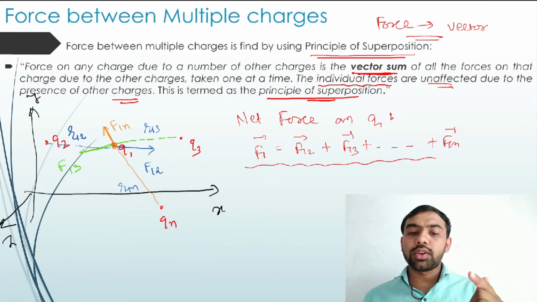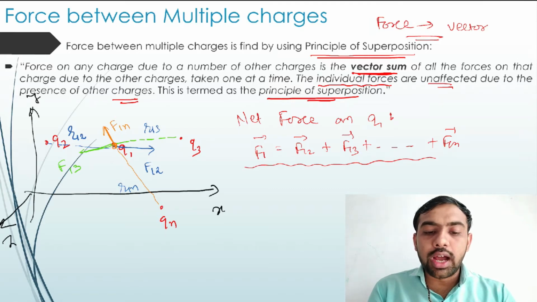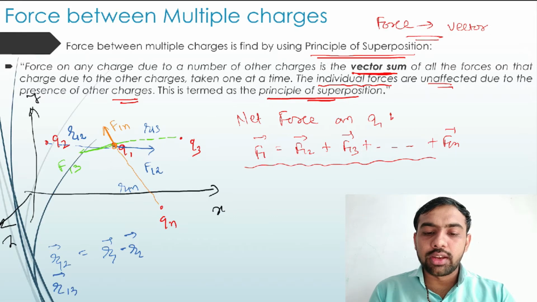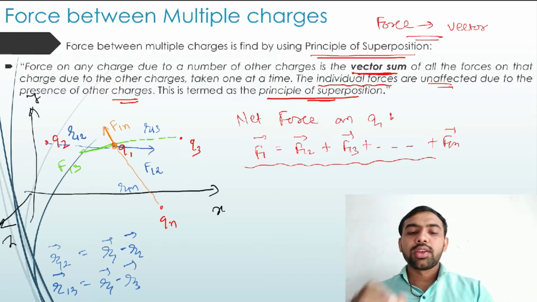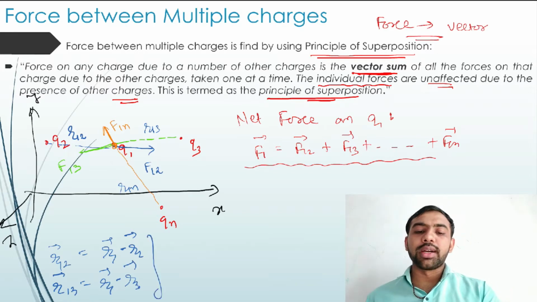Just consider the position vector of q1 is r1, of q2 is r2, of q3 is r3, of qn is rn. If you use r12, then it is actually r1 minus r2; r13 is r1 minus r3, and so on. You find the position vectors this way.